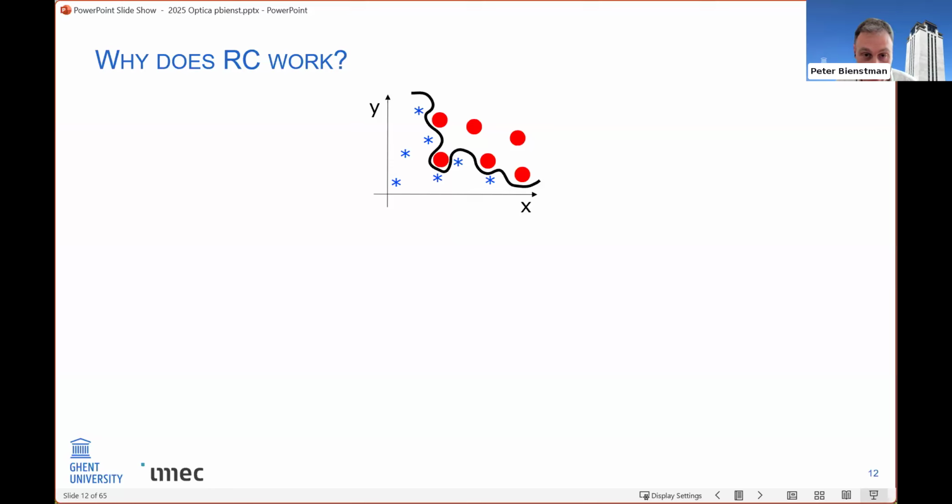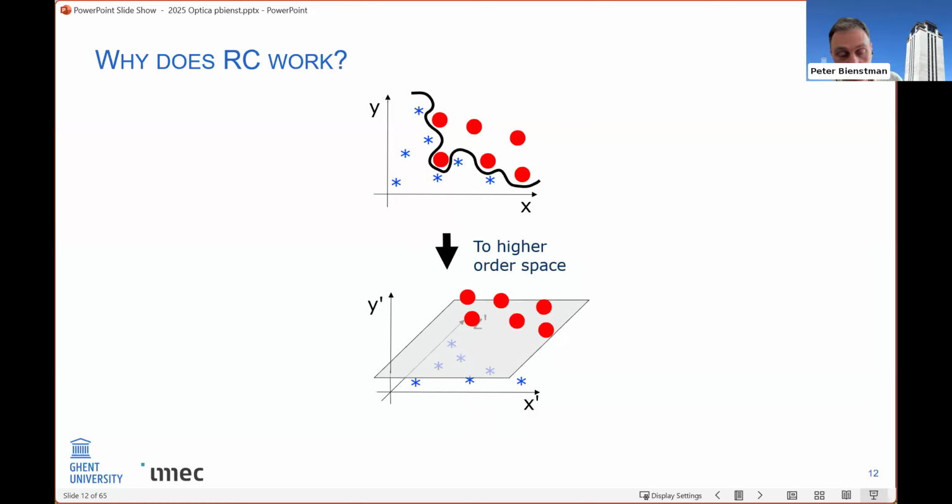But sometimes your data is what it is. In this case, it's not possible to draw a linear boundary to separate these two classes. But with techniques like reservoir computing, you can take your data from a low dimensional space and move it to a much higher dimensional space. There, in practice, it turns out that the different examples of the different classes will still cluster together.